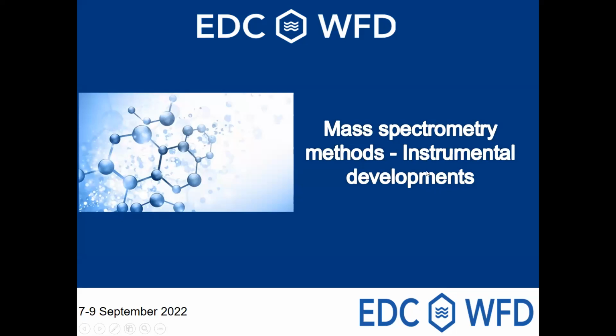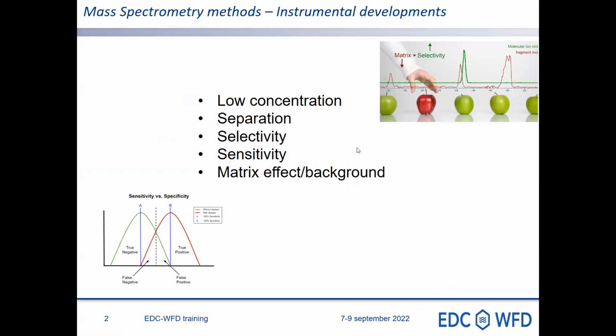Yes. Perfect. So let's go to mass spectrometry method instrumental development. Just as an introduction, you all know very well that optimization and development of mass spectrometry approaches is always a compromise to achieve the lowest concentration in terms of intrinsic performance of the instrumentation.